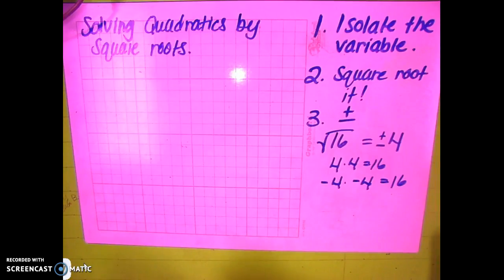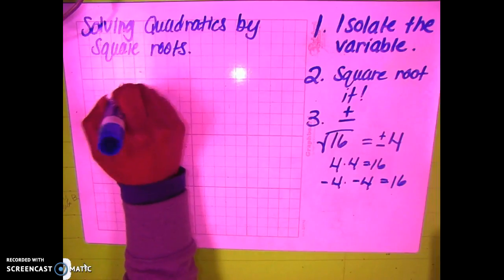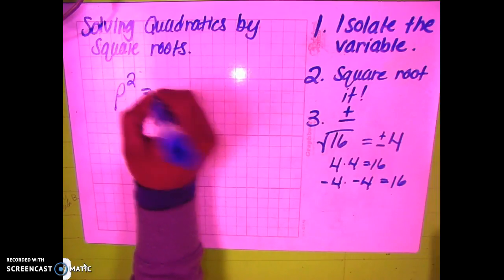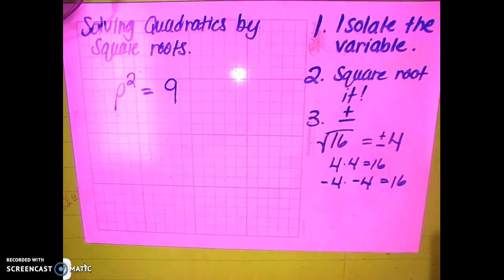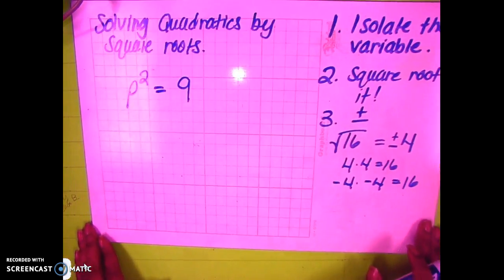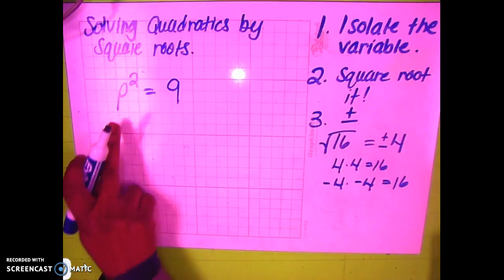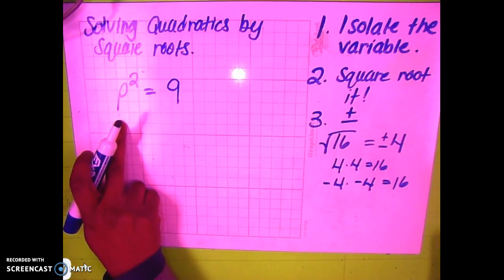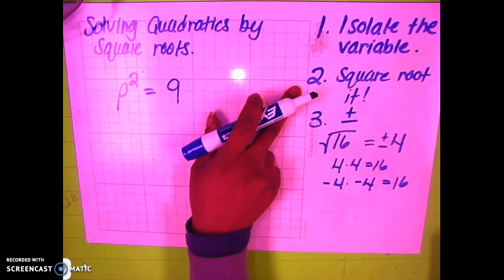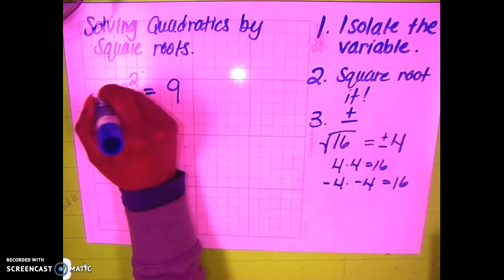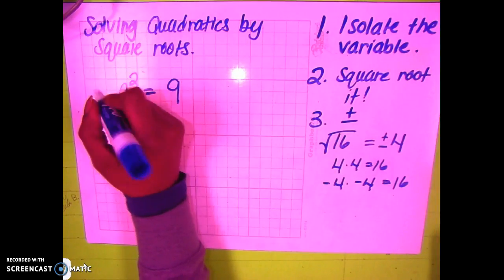The first example is p squared equals 9. Now the first step is to isolate the variable. Our variable is already isolated. There's nothing over here by p. So I can move on to the next step, which is square root. I'm going to square root both sides.